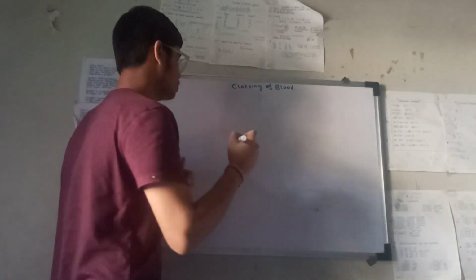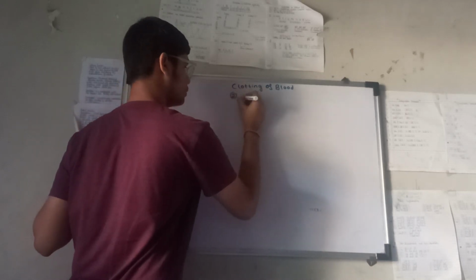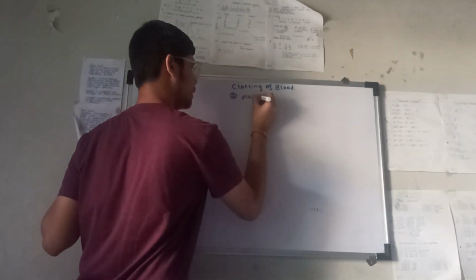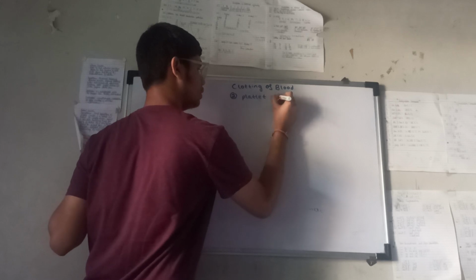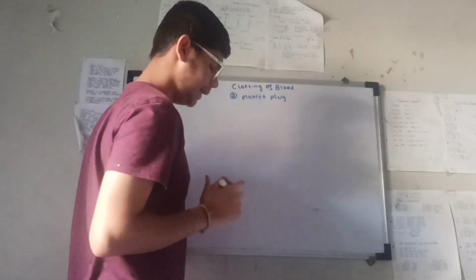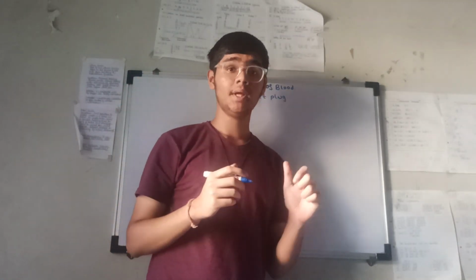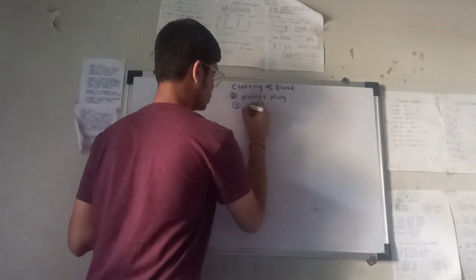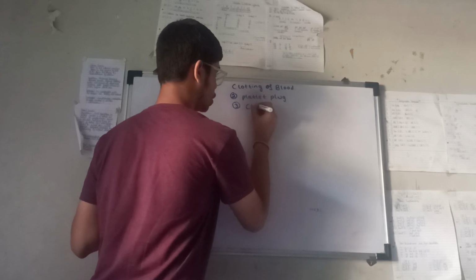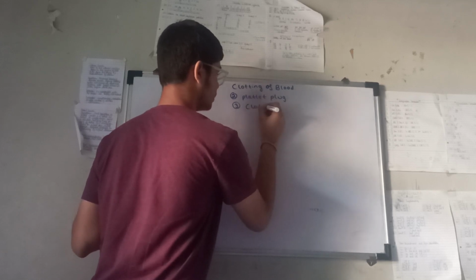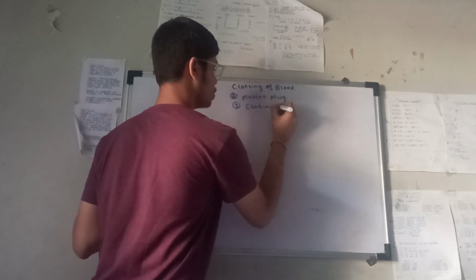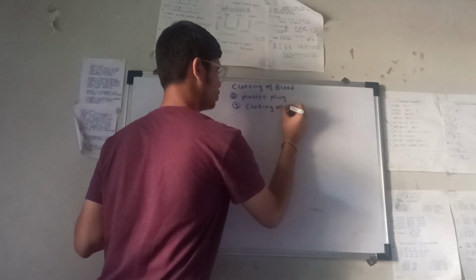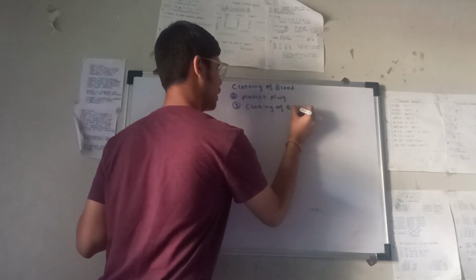Second is what? Platelet plug. So there will be a platelet plug formation, and the third step of this is clotting of blood, that is by what?